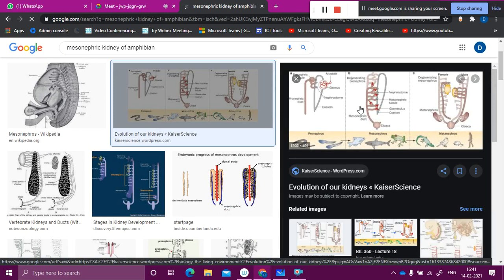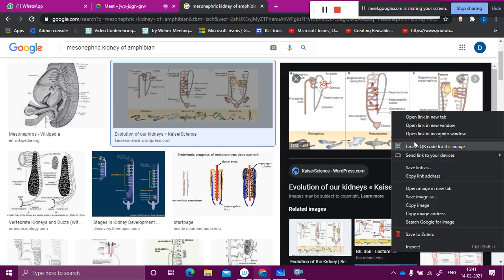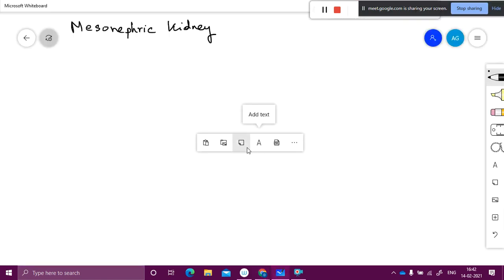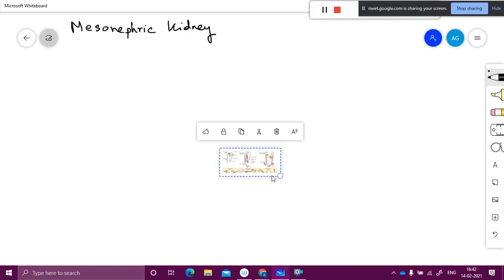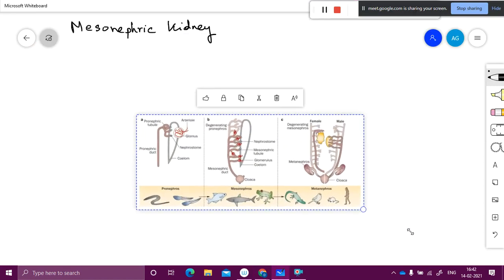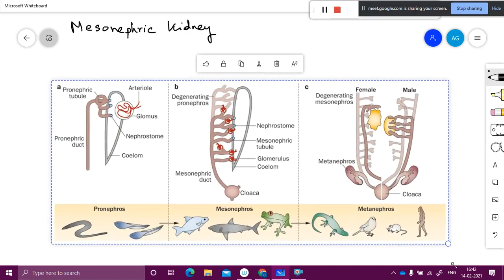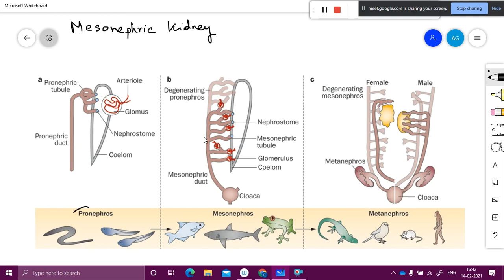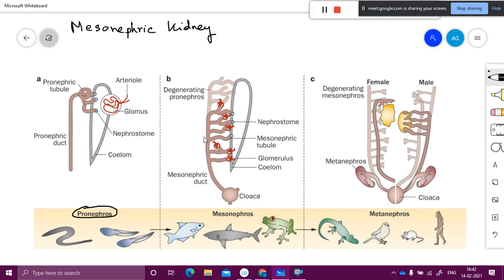Just hold on, the internet is opening. I have now increased the size. So this is a pronephric kidney.